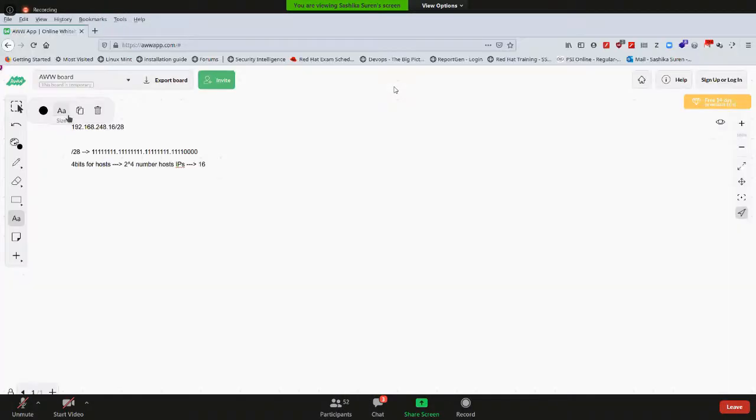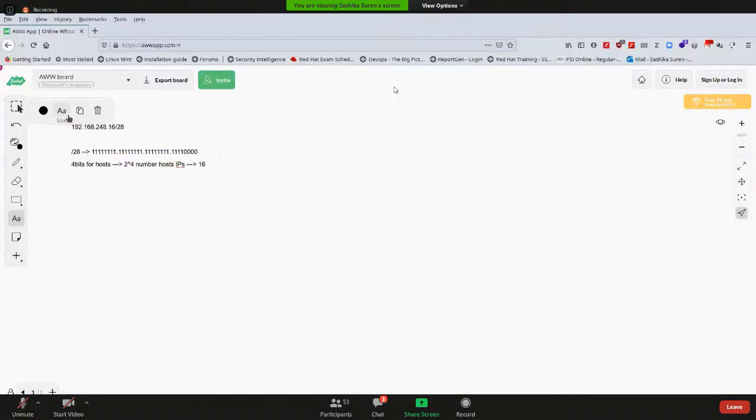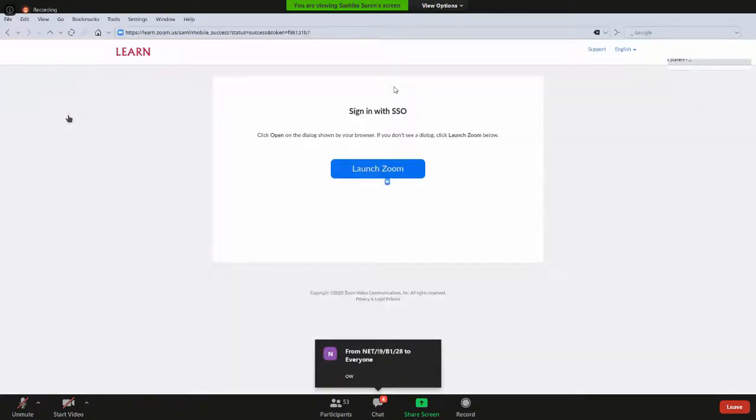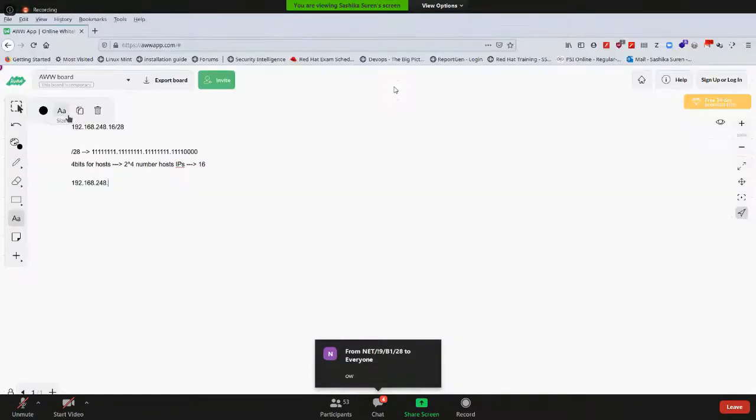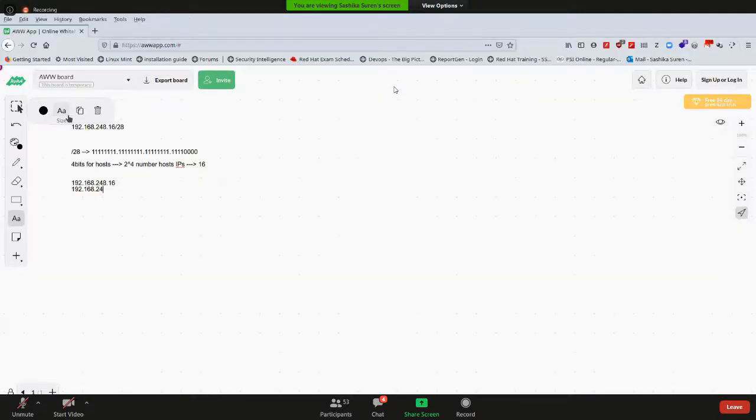So when you say a /28 network, you will be able to create 16 addresses. If they are saying that your starting point on the IP address is 192.168.248.16, from this point onwards you can assign another 16 IPs to your network. That means 192.168.248.17 is the second IP.